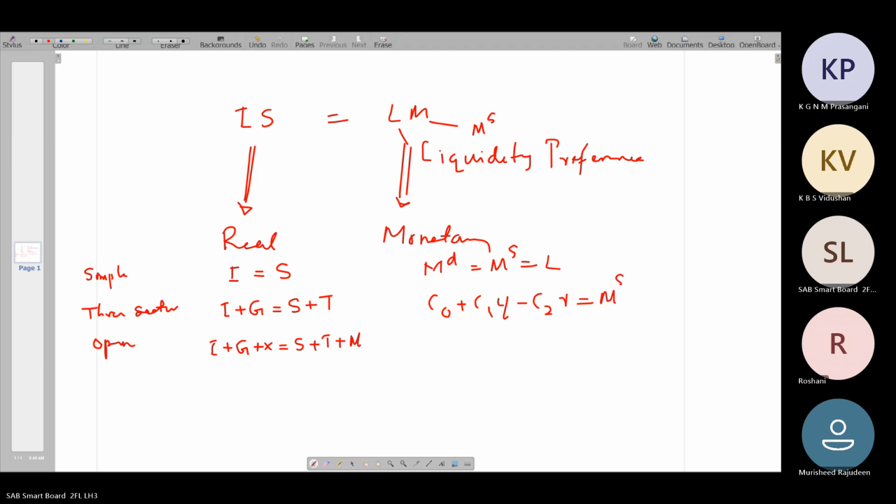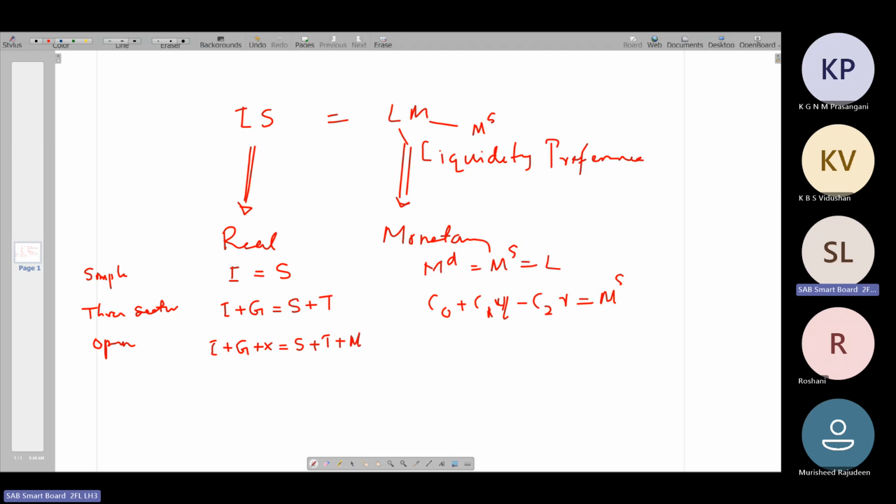You may remember that money demand depends on the transaction and precautionary motives, which depend on income and the interest rate. So we write the money demand function as C0 plus C1Y minus C2R. Money demand equals money supply is the equilibrium in the monetary sector.